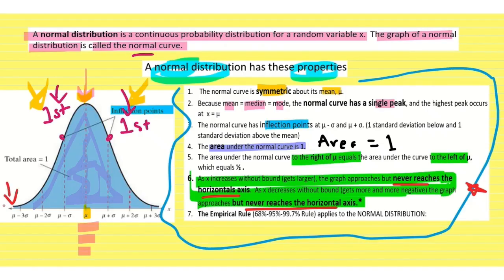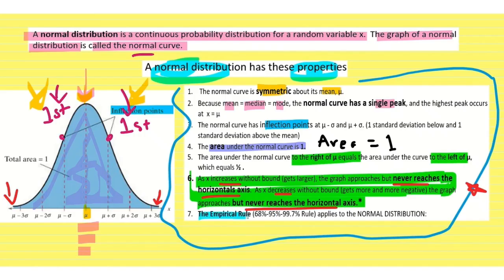But if you notice, it's above the x-axis. It's not crossing the x-axis. And same thing over here. The graph is just a little bit above the x-axis. It's actually not touching the x-axis. And it says that as x either increases or decreases, it's never going to reach the x-axis. It will never cross the x-axis. So that's an interesting concept.